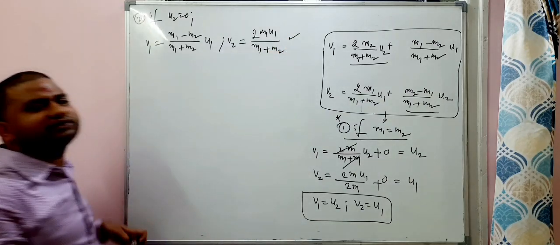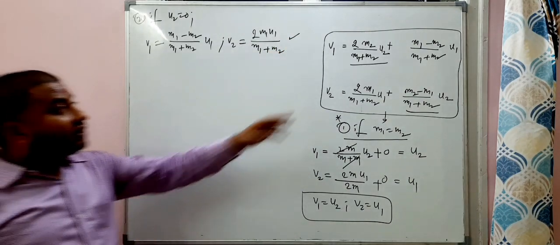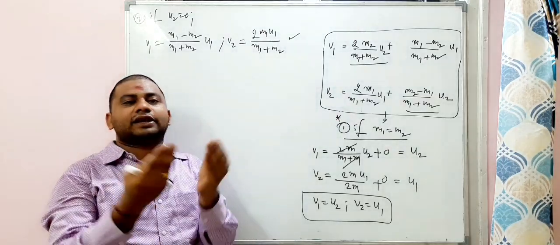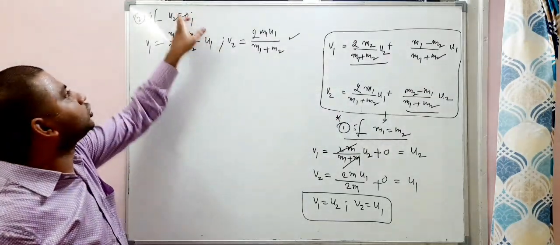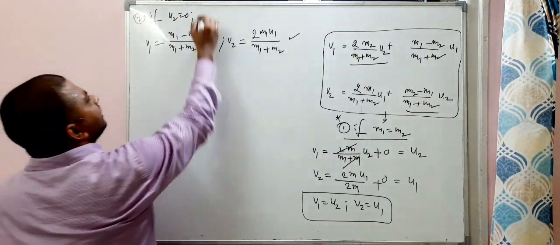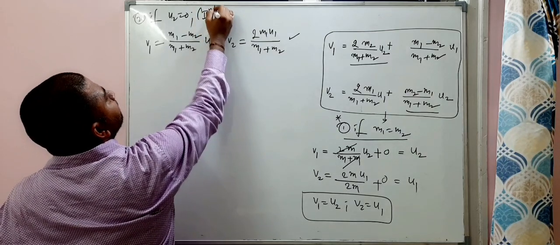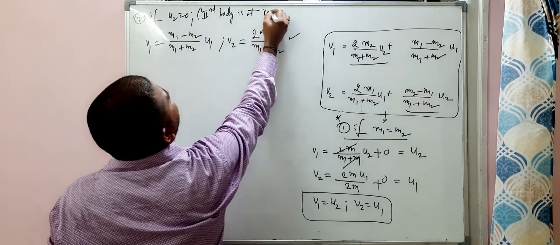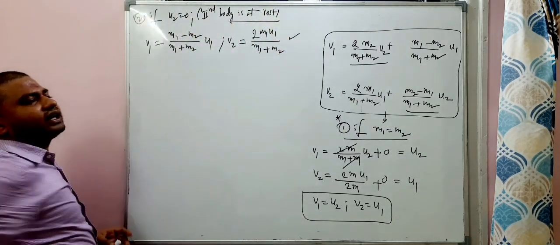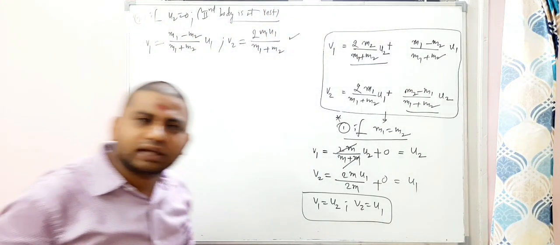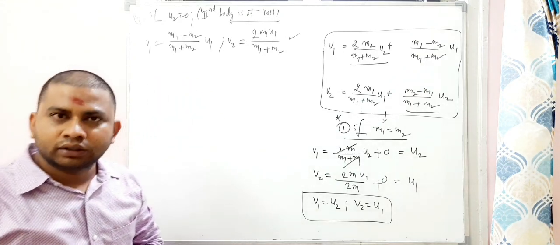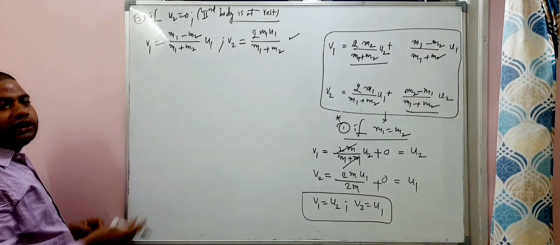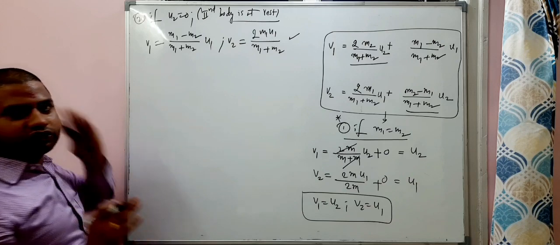You must remember these two formulas. You can just substitute 0 in the place of u2. u2 is 0 means the second body is at rest. So in this case we have got the v1 v2 expressions.